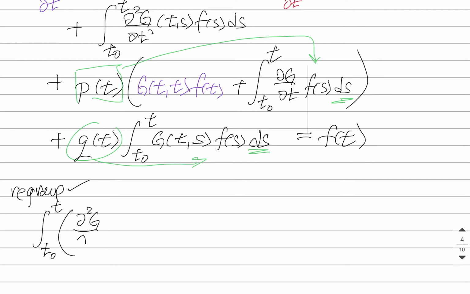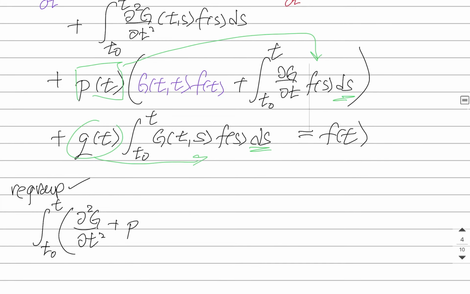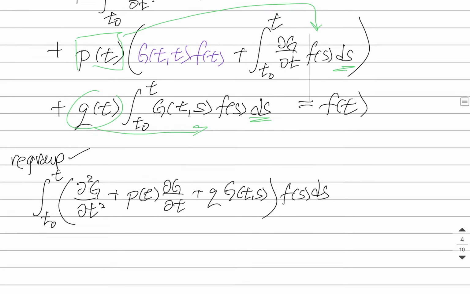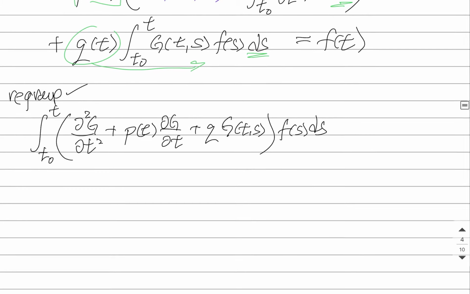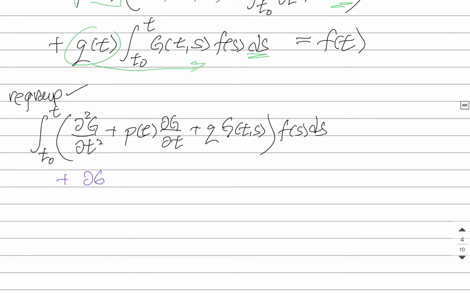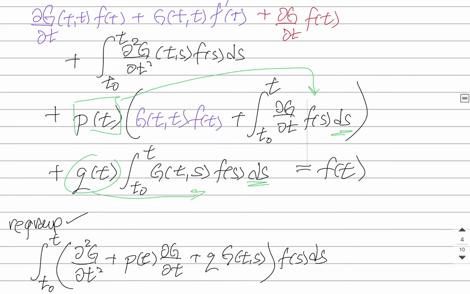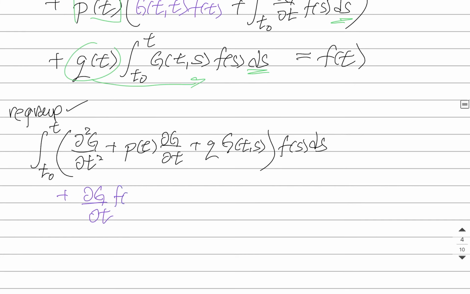The second derivative with respect to t, plus p times the partial with respect to t, plus q times this function. All of that stuff is going to be multiplied with f. And then I'm going to put in all these other terms. I will have this dg/dt, f(t) plus g(t, t) f(t).